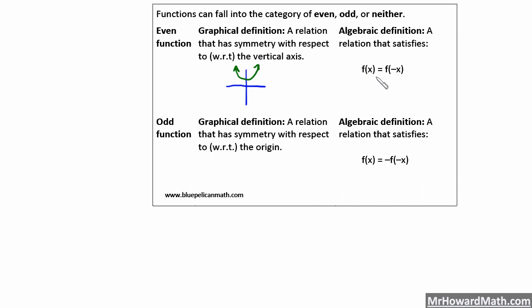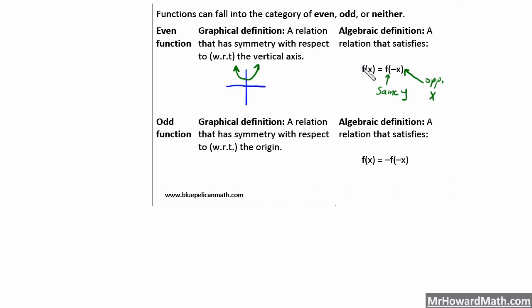Algebraically, we can show that f of x is equal to f of negative x, and we'll run some examples in a little while and work through this algebraically. What it really means is that f of x is equal to f of the opposite x. So the same y value is also paired with the opposite x value.